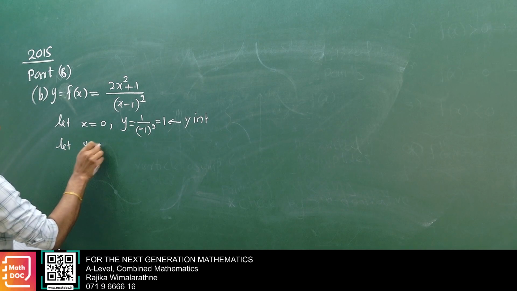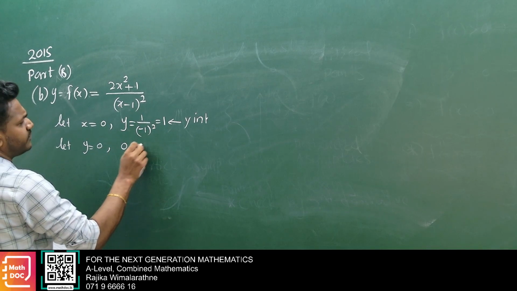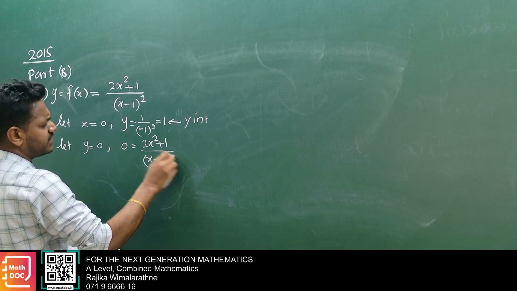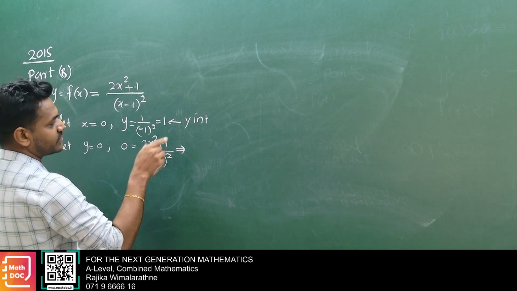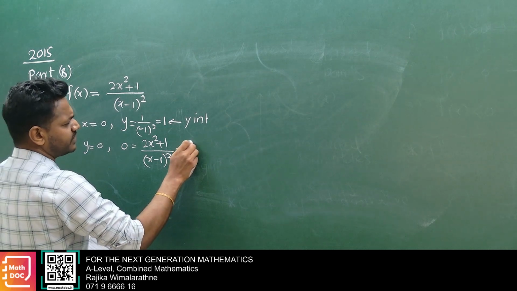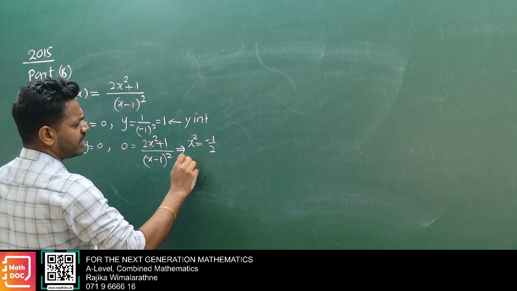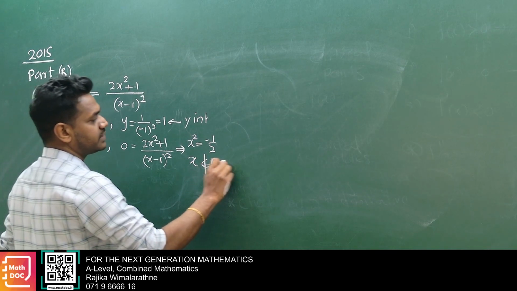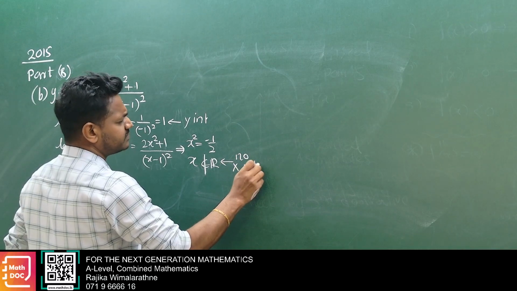Let y equal 0, then 0 equals (2x squared plus 1) over (x minus 1) squared. When you cross multiply, the denominator disappears, so 2x squared plus 1 equals 0, and x squared equals minus half. We don't have any real value, that means no x-intercept.